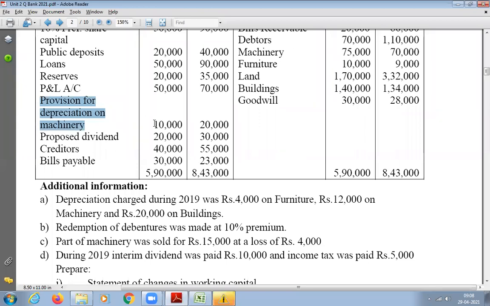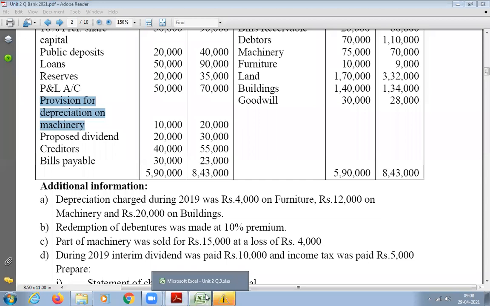He has given 10,000 and 20,000. The difference is 10,000, but he is telling us he has charged 12,000 depreciation. So where it came from, we don't know. There is some difference there. So before we complete the machinery account, we have to prepare the provision for depreciation on machinery account. Then we'll come to know how much depreciation has actually been given.